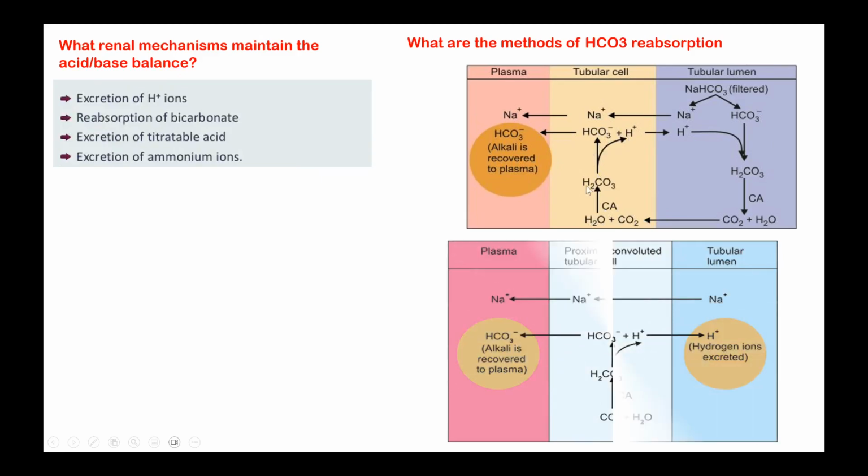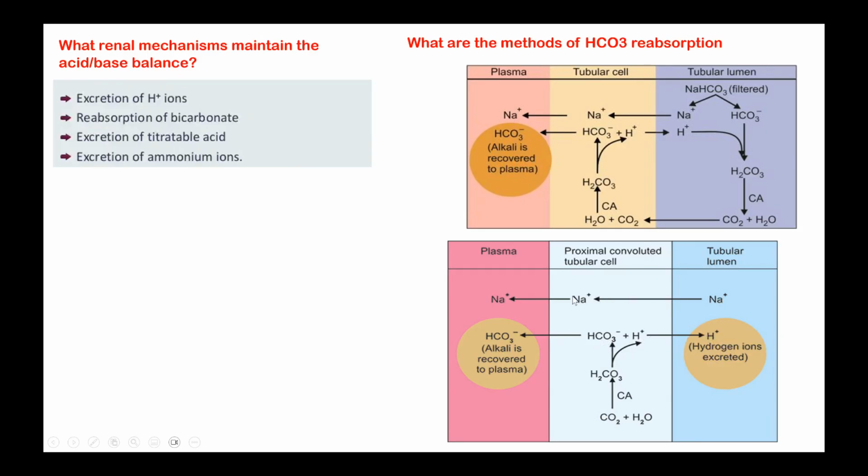In the second mechanism, sodium is directly reabsorbed by the gradient. So here once it is filtered, a lot of sodium is there. So by the concentration gradient, it travels back into the plasma. Similarly, what happens? The hydrogen ion which is there, the carbon dioxide and water which form here, that also takes back the bicarbonate into the plasma, pushing the hydrogen ion into the tubular lumen.